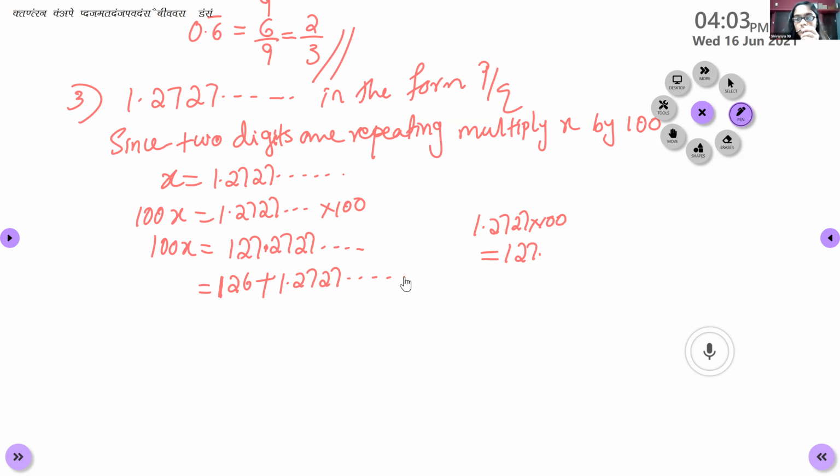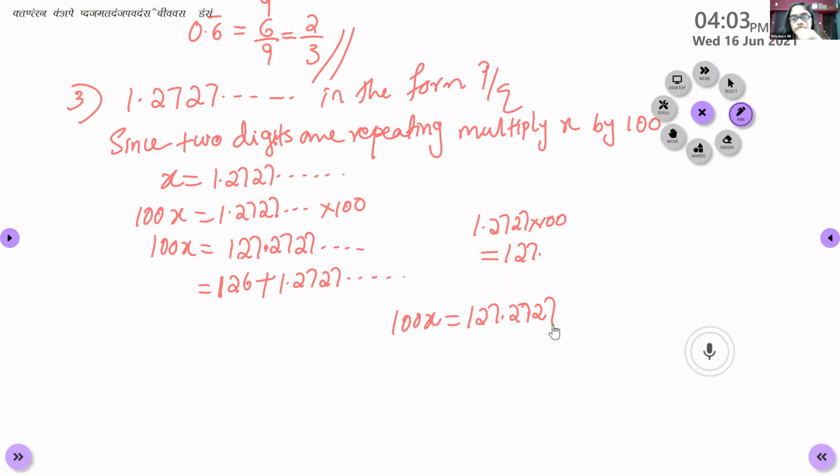No, ma'am, can you repeat it? Sure. See, 100x equal to 127.2727. This is okay, when we multiply by 100 both sides. Is this clear, this step? Yes, ma'am.